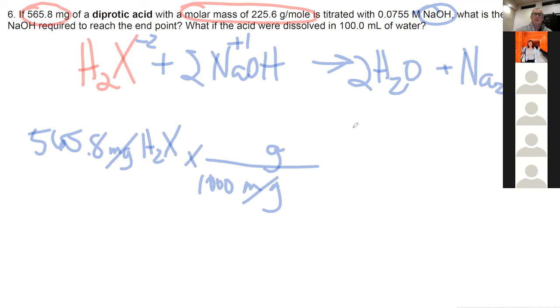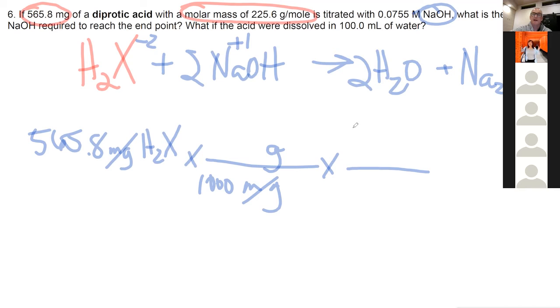Now I've got grams. But I don't want grams, I want moles. So how am I going to get moles out of this? Use the molar mass. What do I put on top? Moles at the top.